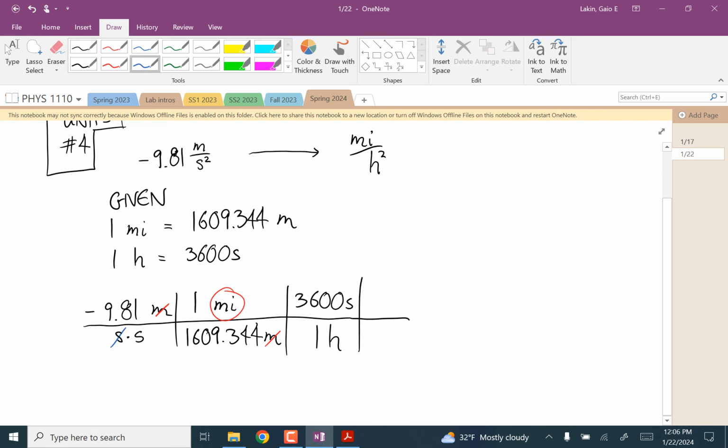That cancels one of those. And then do it again because you can see we still have another second there we need to deal with. So 3,600 seconds over 1 hour. And might as well punch it out.